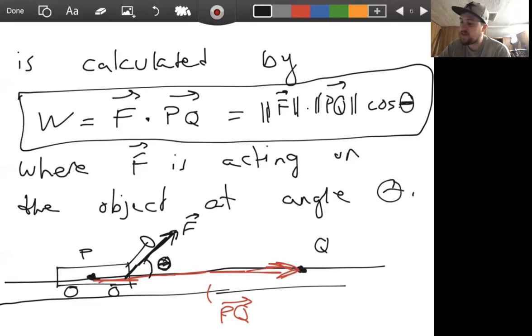And that's what this formula up here is saying. All you need to know is how strong the force you applied is, and you need to know how far you're pushing it. And you also need to know at what angle you are applying this force. And you've calculated the work.